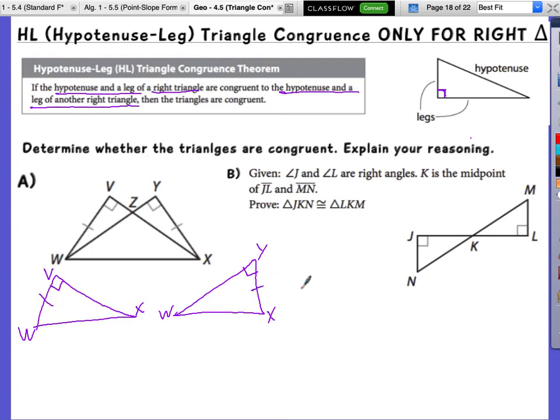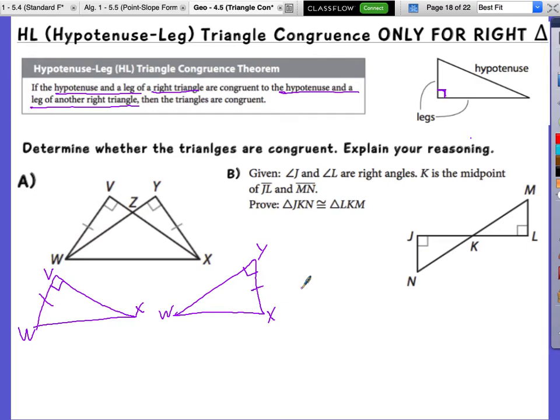So notice how I split these apart. So what kind of triangles are these? Right triangles. Do we have a set of legs congruent? Yes. So what do we need? The hypotenuse. We need the sets of hypotenuse to be congruent. Do we know if the hypotenuse are congruent? No. Someone said yeah. Who said yeah?